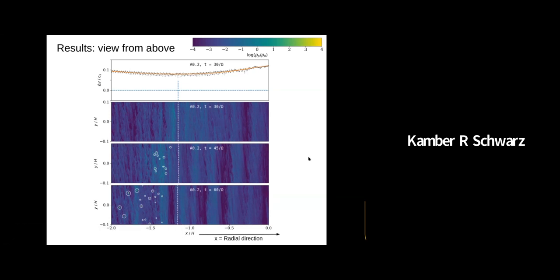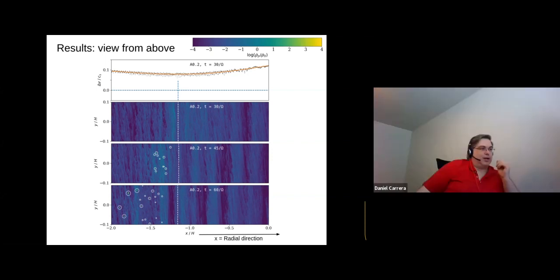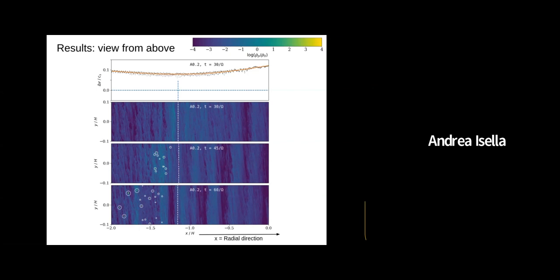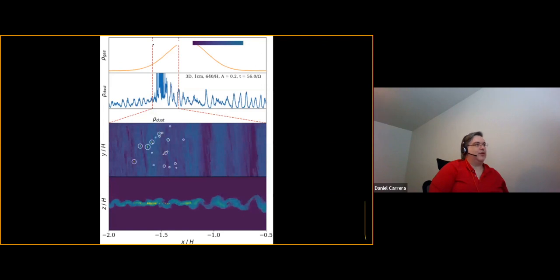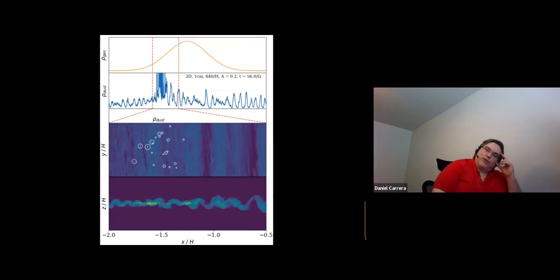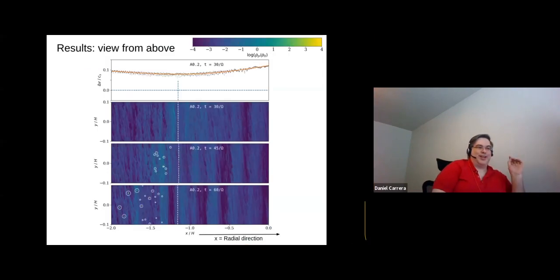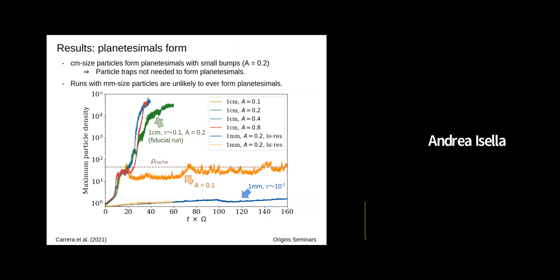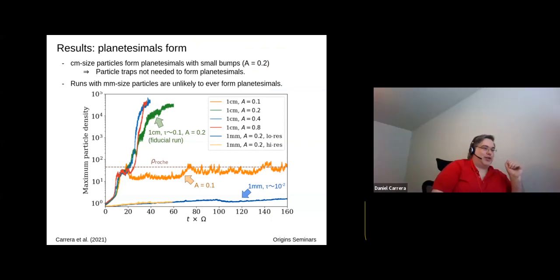We have a question from Andrea Zella, who asks what the units of your x-axis are. Are they years or orbits? On the previous slide, yes, this one. The x-axis on that slide is in units of inverse omega, so that's units of the orbital frequency.